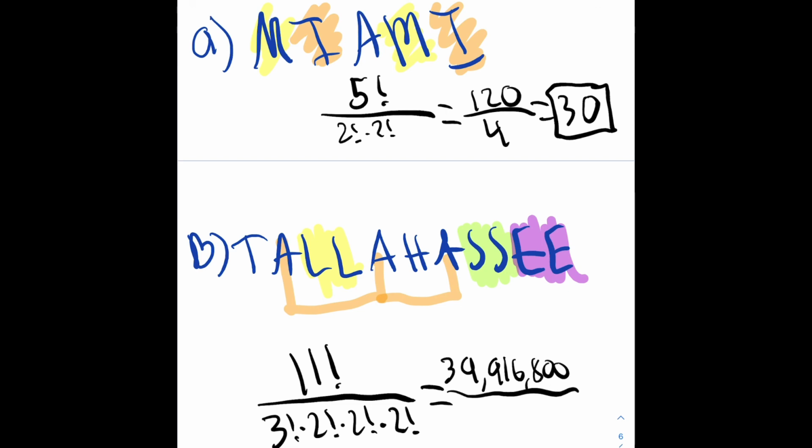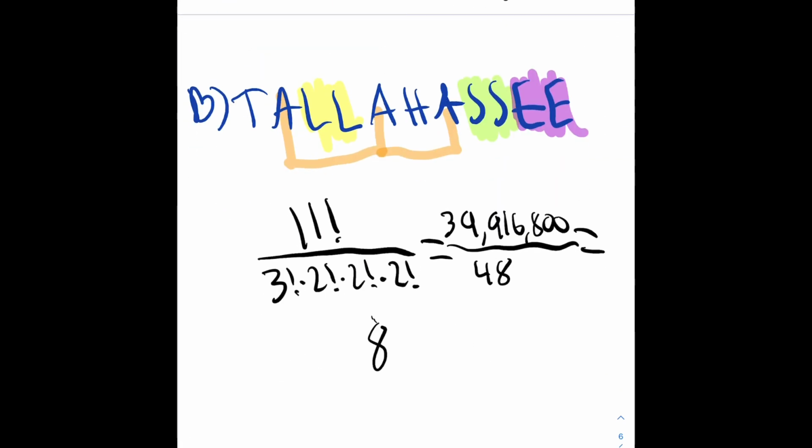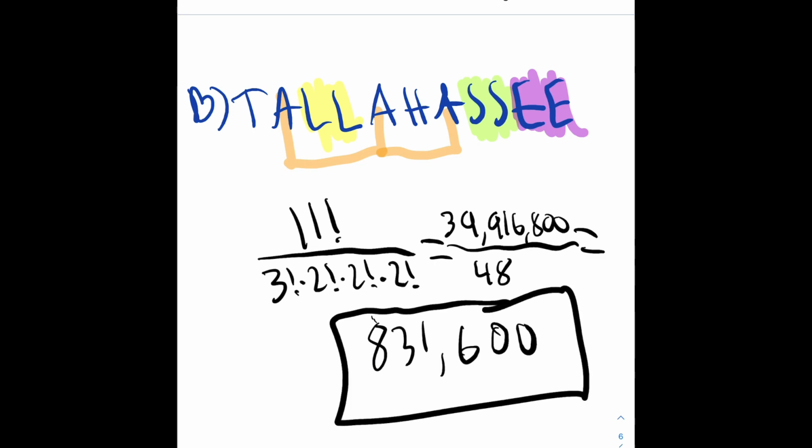On the bottom, 6 times 2 is 12, times 2 is 24, times 2 is 48. And when I divide those out, I get an answer of 831,600. So assuming that order matters, I can reorganize those letters 831,600 ways.